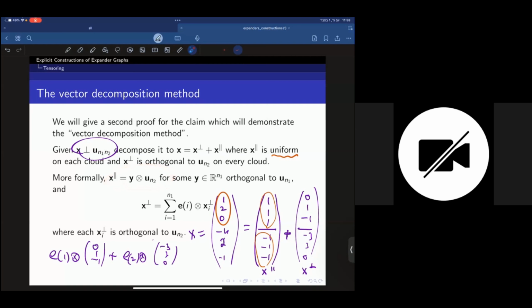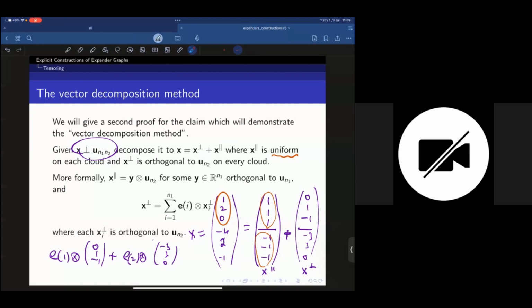X parallel is really simple. In a sense, x parallel lives in n1 dimensions. The second component, tensoring with U and 2, has no information. If you know n2, you know that information. It's 1 over n2. So x parallel holds the information on the scale of clouds.